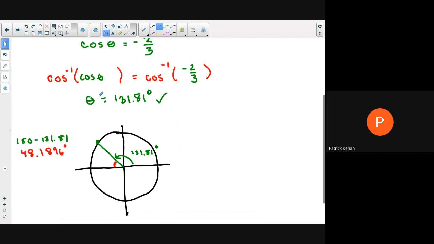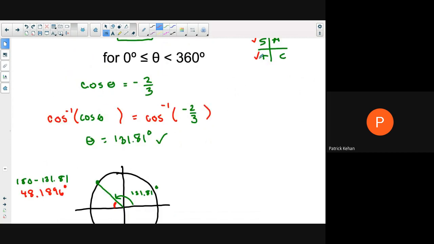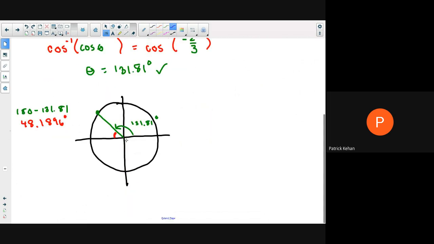All right. So back up here, I know I need a second and third quadrant angle. So I'm going to sketch myself a third quadrant angle that has the same reference angle as this angle does right there. My reference angle here is again 48.189 degrees. So now I want to find the angle measured from standard position all the way to this third quadrant angle here. In order to do that, I know that half a rotation is 180 degrees, and this reference angle here is 48 degrees.